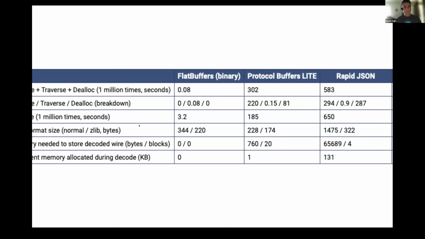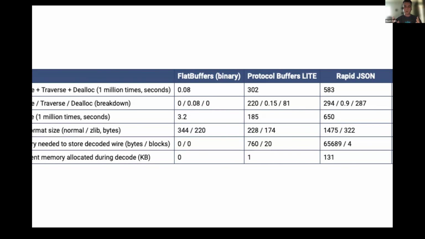We can see here that encoding is also much faster, but the next row is actually quite interesting to see why protocol buffers is so popular, and why we can't switch all the things to flat buffers.